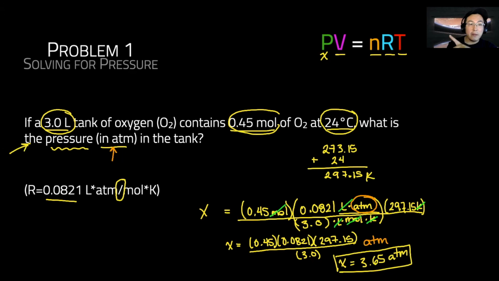Now, remember, be careful when you're setting this up in your calculator. I recommend you do the whole thing at once, especially if your calculator is a scientific calculator, by correctly using the parentheses. In this case, it's not really that different because everything is multiplying and then dividing, but you want to be extra sure that in your calculator, you first do the whole thing and then divide everything by 3.